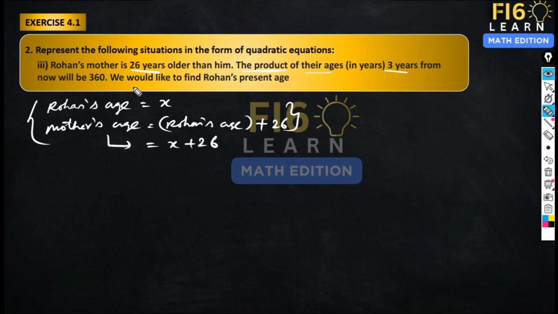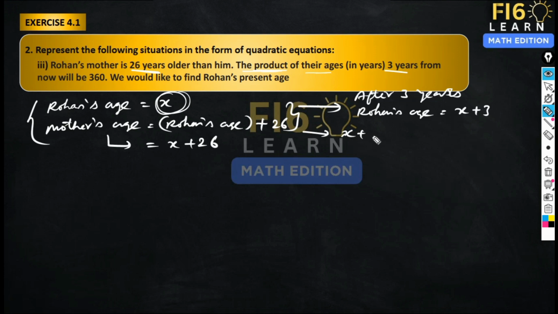So what will it be after 3 years? Here the present age of Rohan is x. After 3 years his age will be x plus 3. Now the present age of Rohan's mother is x plus 26, so after 3 years you have to add 3 to this, and you will get x plus 29.